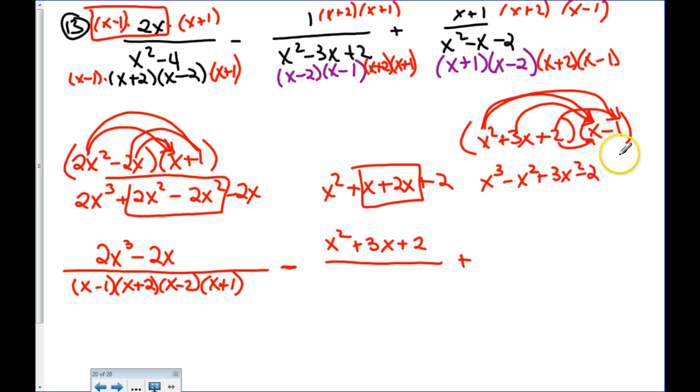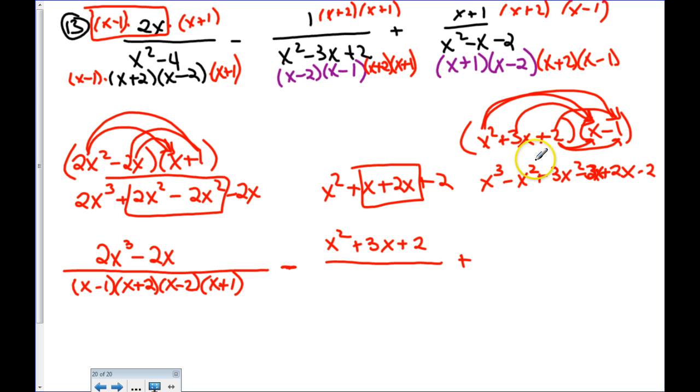Do the same thing with the last term now. 2 times x, 2x. And then 2 times negative 1, negative 2. So, right here. Yeah. Okay, so there we are.